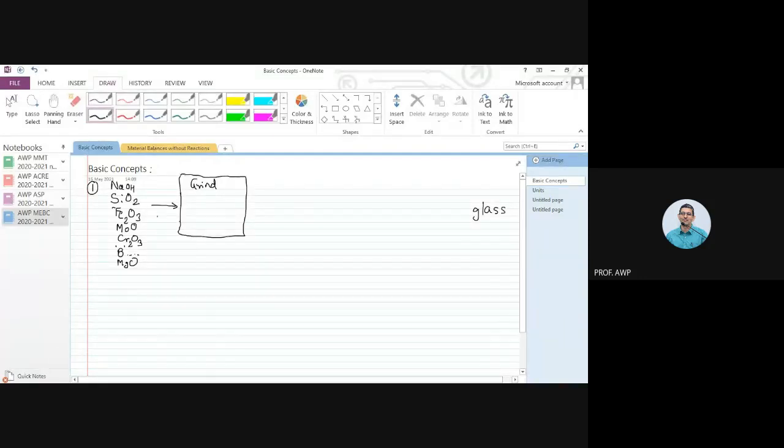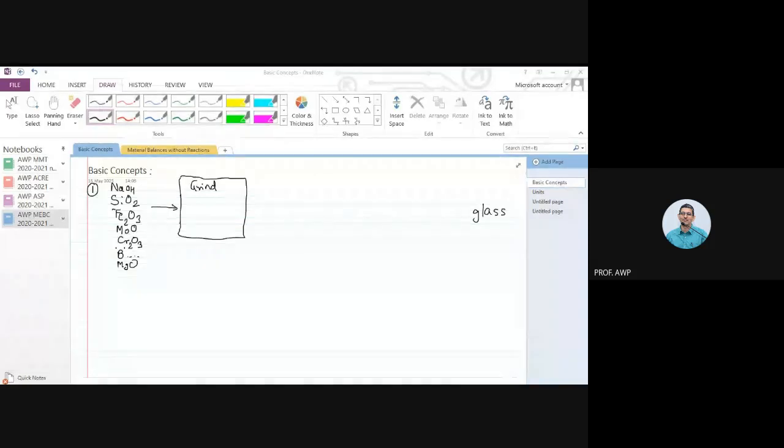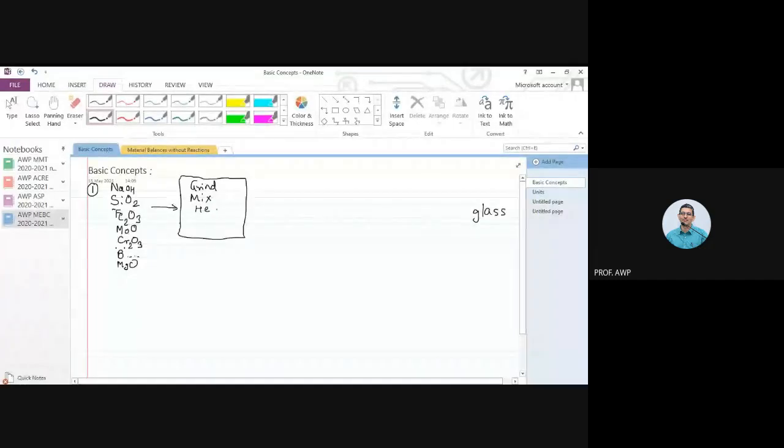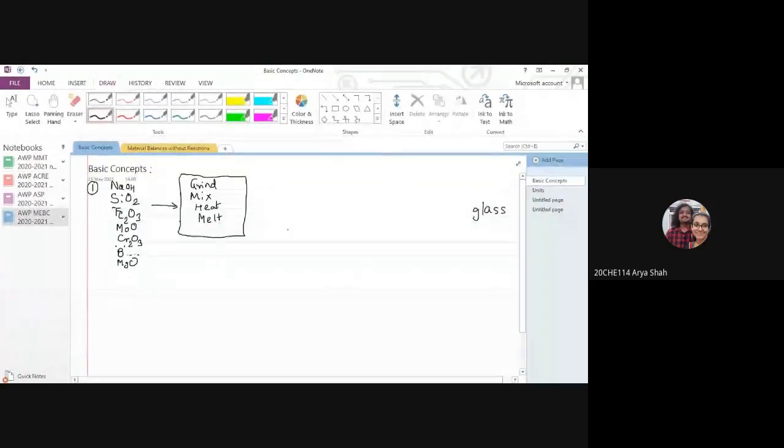I don't know who's saying, because I'm looking at my screen. So you want to grind them first, then mix them, then heat them. Heat, then mold. Melt them, yes, and then what?